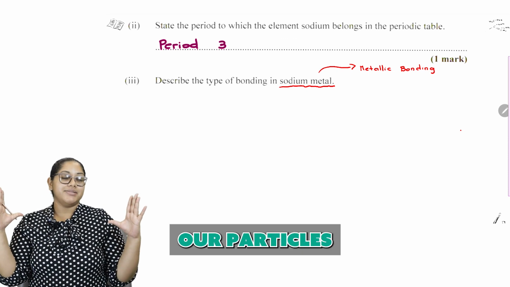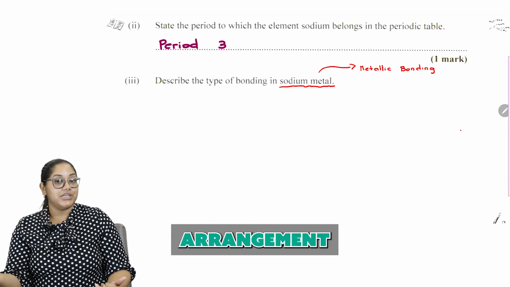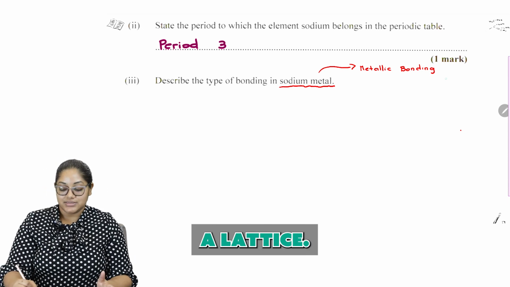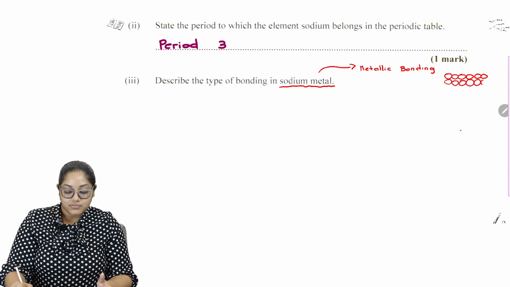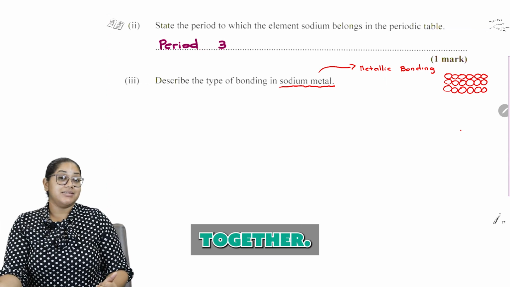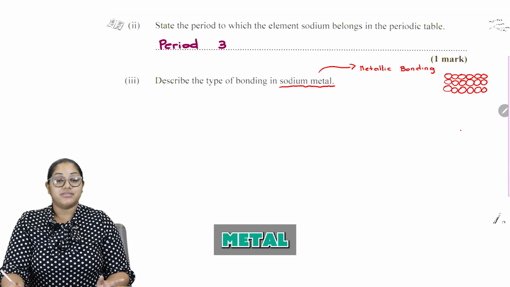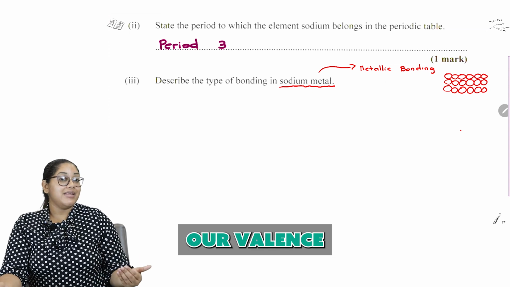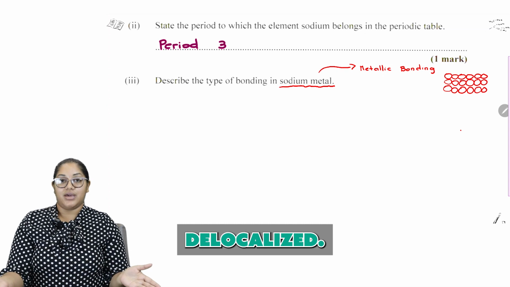So we have our particles tightly packed together in a regular repeating arrangement called a lattice. So I'm going to make a little sketch here for you guys. So these are our sodium atoms tightly packed together. But what tends to happen inside of our metal structure, our valence electrons tend to become delocalized.